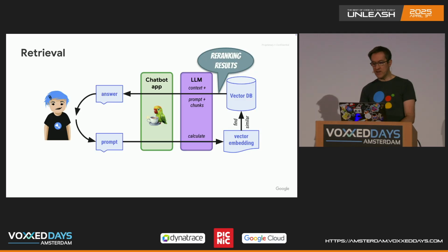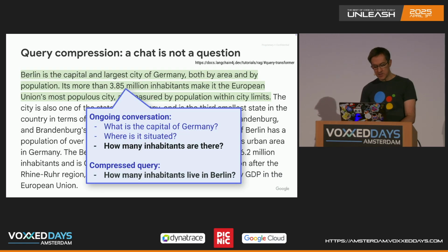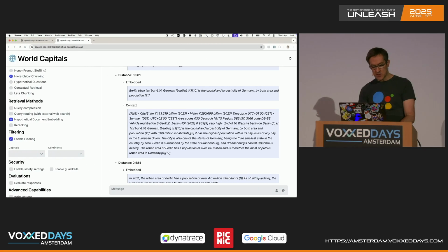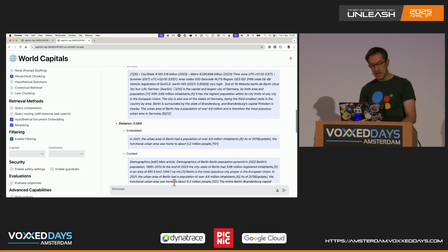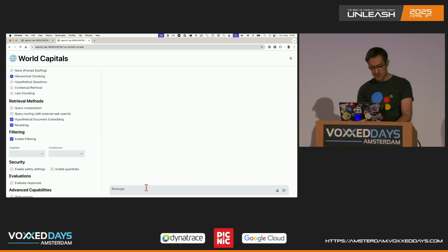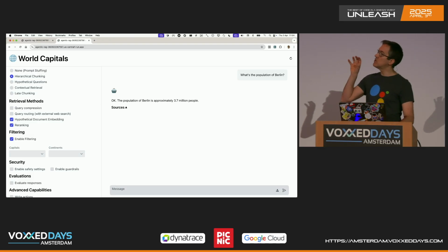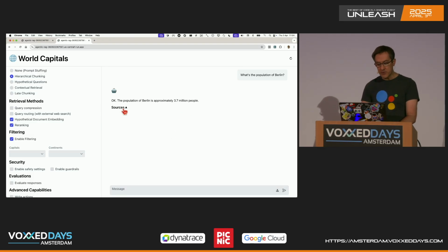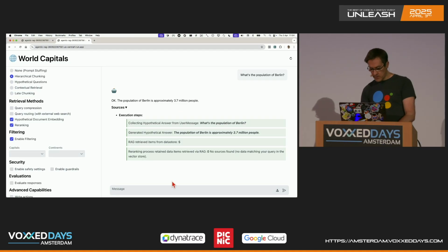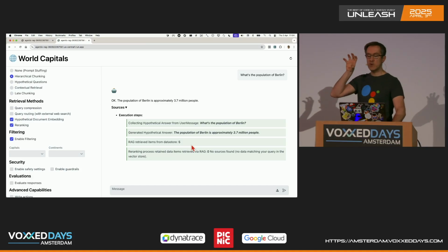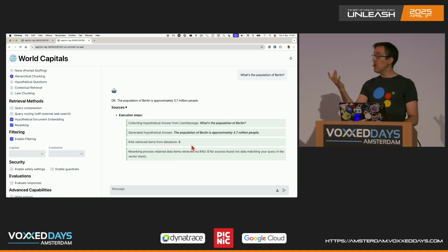And the other thing, I think it's in one of my next slides, reranking. I'd just like to mention reranking because you can also use reranking to ask an LLM. So let's do this. What's the population of Berlin again? Reranking is another way to look at the search results from the vector database. But why is it not showing the chunks? It filters what's returned by the vector database to only return the relevant vectors that really answer the question.